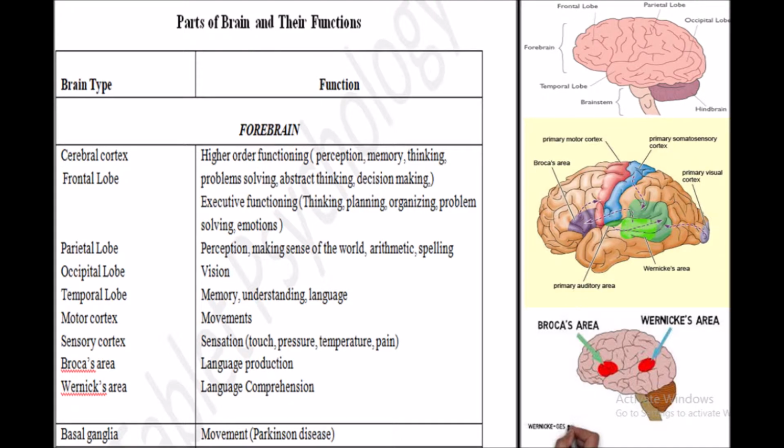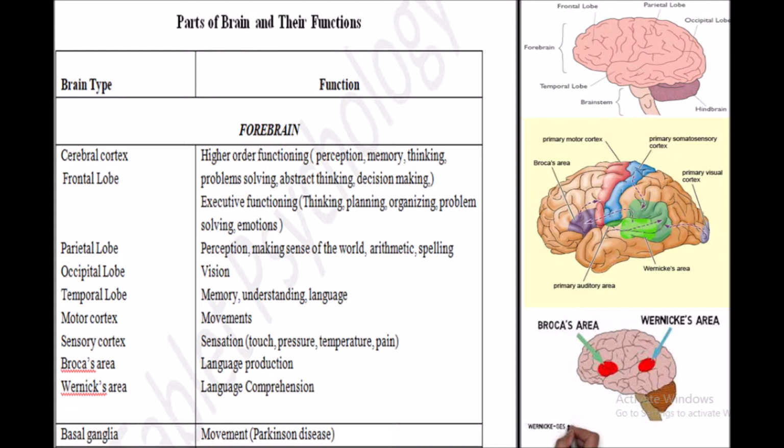Now we will discuss all these subdivisions, subparts of the forebrain and their function one by one. First will be the cerebral cortex, the uppermost area of the brain at the front.